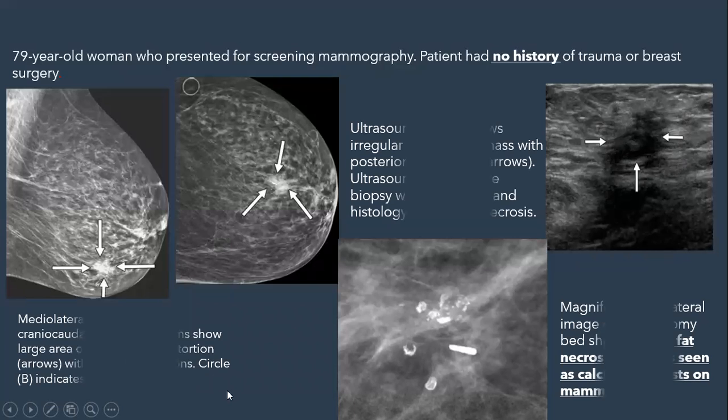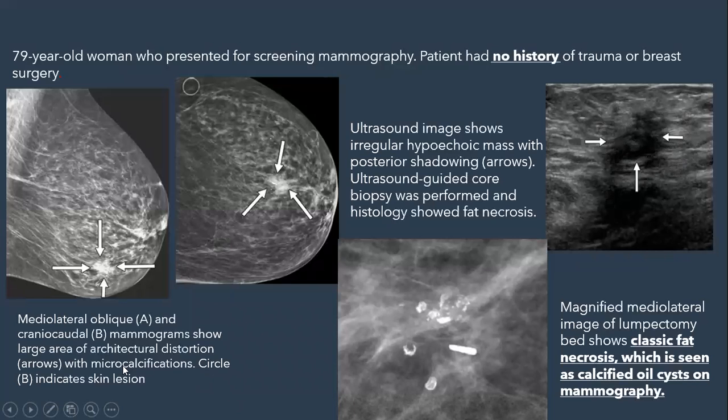Okay, here there is architectural distortion with microcalcifications. And here the ultrasound revealed a hypoechoic shadowing heterogeneous mass, and this is a magnification view at the site of lumpectomy showing classic fat necrosis, which is then classified as oil cysts, okay, on mammography.